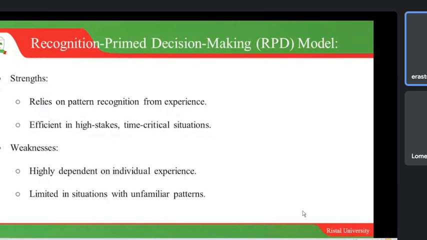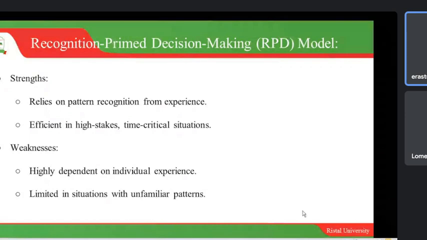Sometimes we do not have time at our disposal as healthcare providers. We need to do something very fast. We need to make a decision very fast. So these models come in handy to assist us to make those very critical decisions. In terms of weaknesses, they are highly dependent on individual experience.